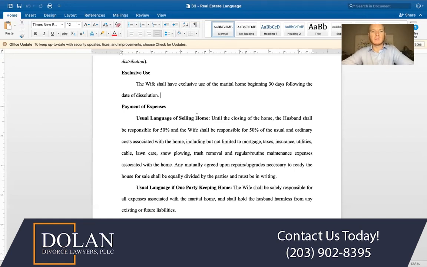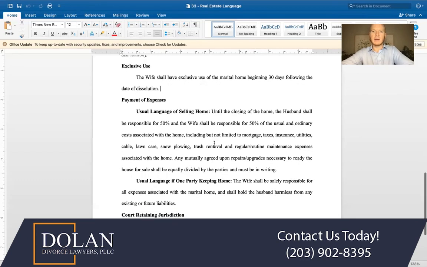So the standard language, if a property is being sold, is the following: until the closing of the home, the husband shall be responsible for 50% and the wife shall be responsible for 50% of the usual and ordinary costs associated with the home, including but not limited to mortgages, taxes, insurance, utilities, cable, lawn care, snow plowing, trash removal, and regular/routine maintenance expenses associated with the home. Obviously, you can adjust these percentages, but you just want to make sure you have orders in place for who pays the bills after the divorce is over and until the property sells.